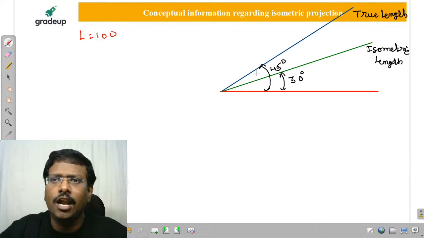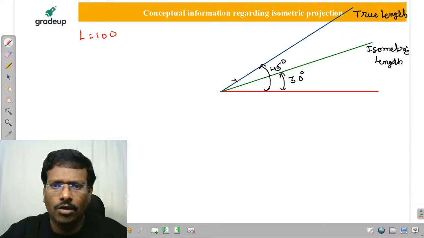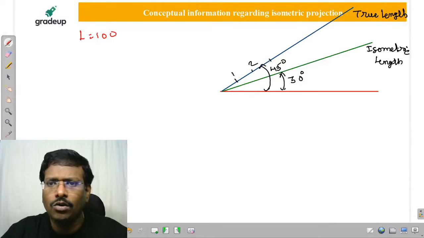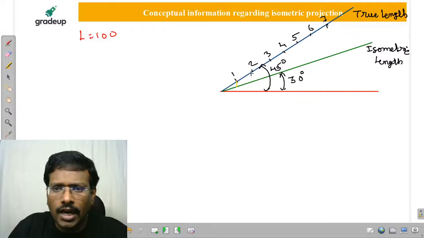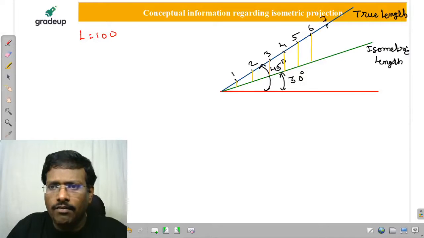So this is a normal scale, sir. Whatever the scale we have, 1, 2, 3, 4, 5, 6, 7, like this, is a normal scale. Now here we are going to draw the vertical lines. I hope for less visibility I chose a light color, my dear friends.